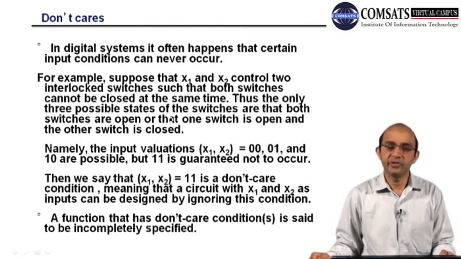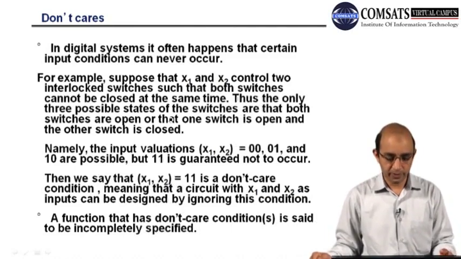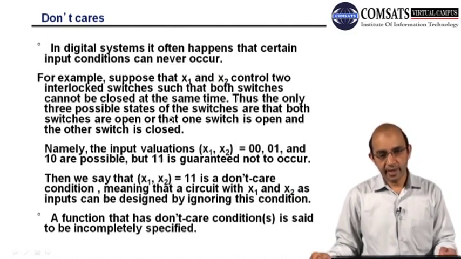As I have mentioned, the two switches cannot be closed simultaneously, so the 1, 1 combination cannot happen. This has to be ensured that the 1-1 combination will not occur.